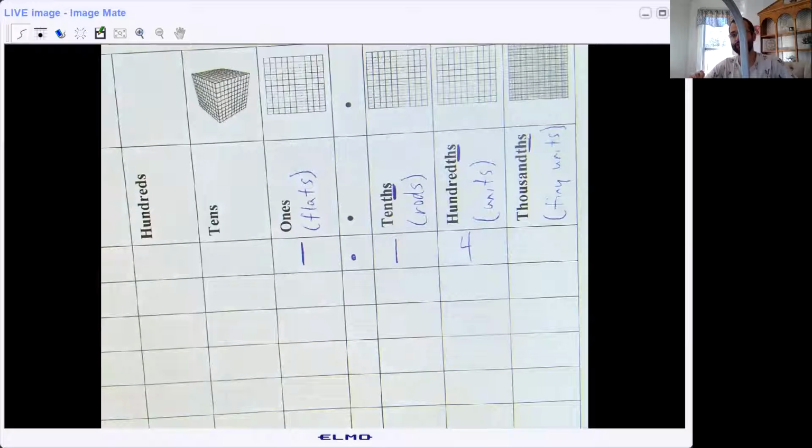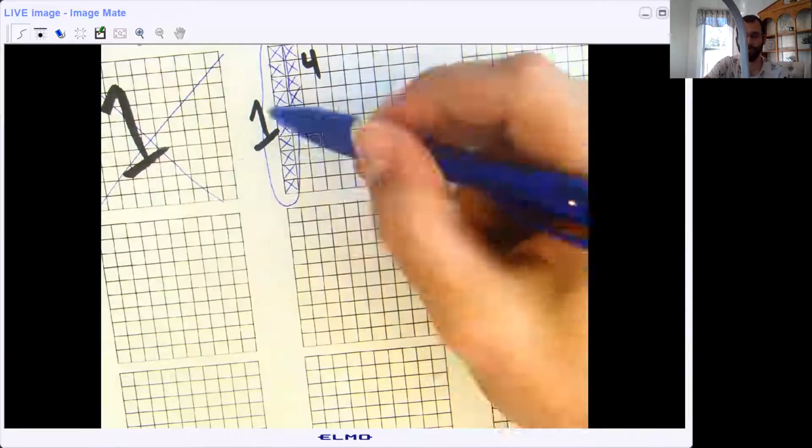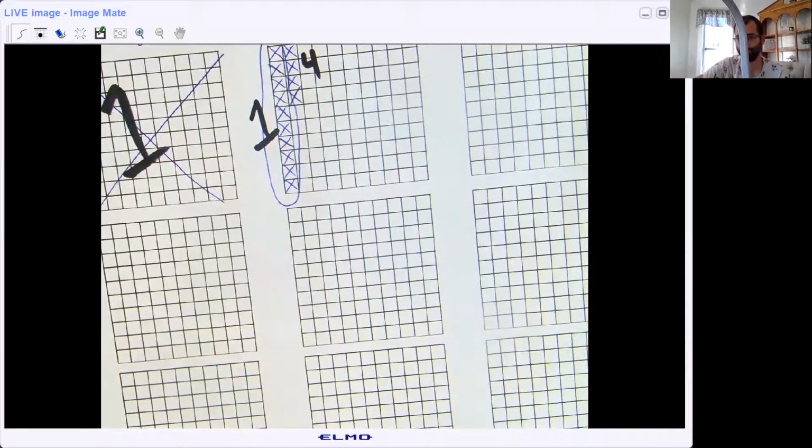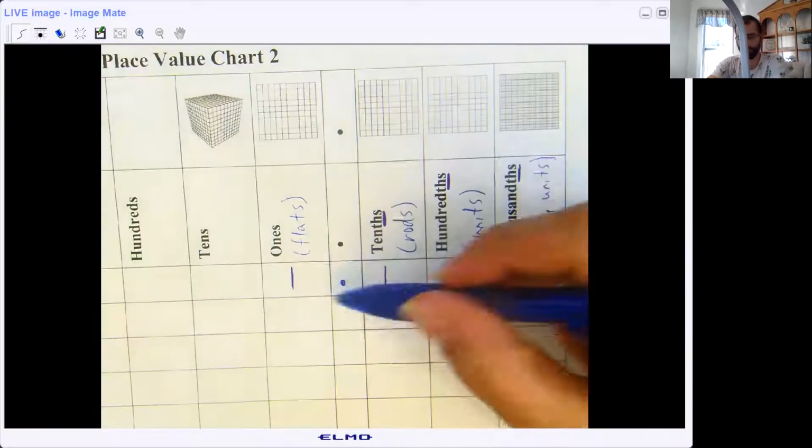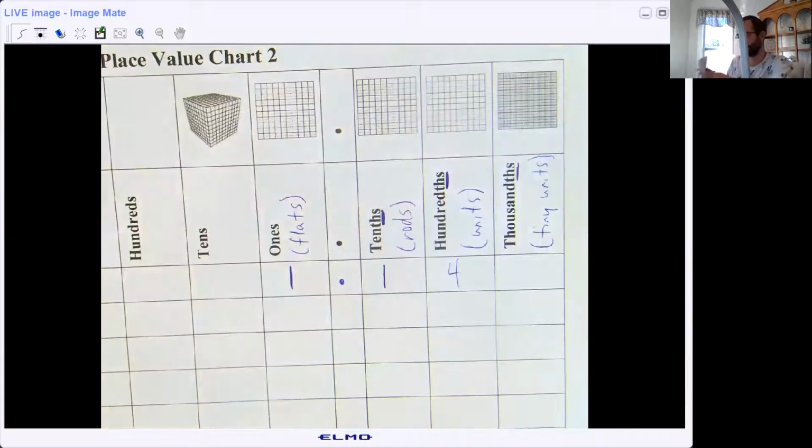So there's the first 2 parts of this problem. Step 1 was right here, showing my picture. Step 2 was putting it in my place value chart. And step 3 is going to be writing this down.